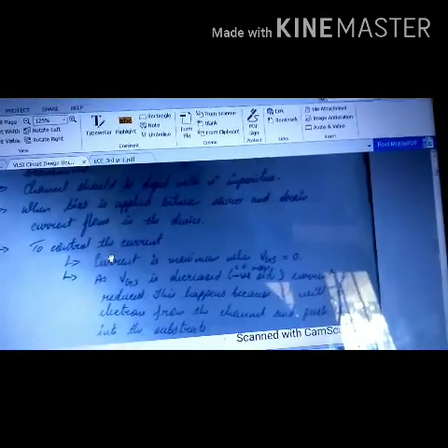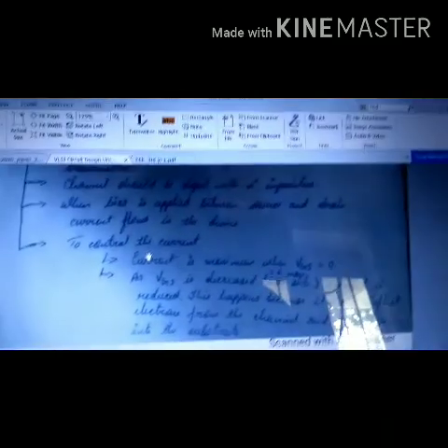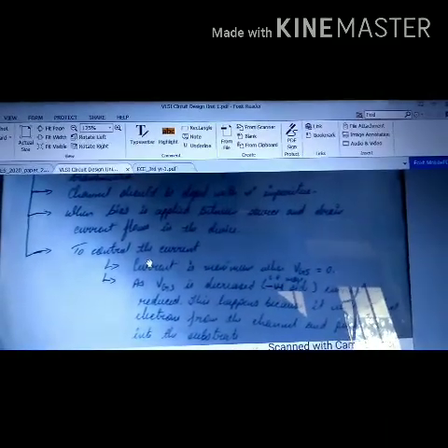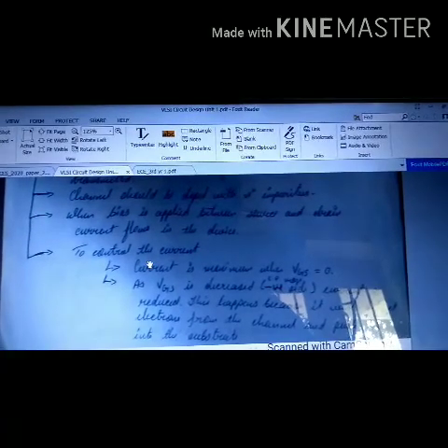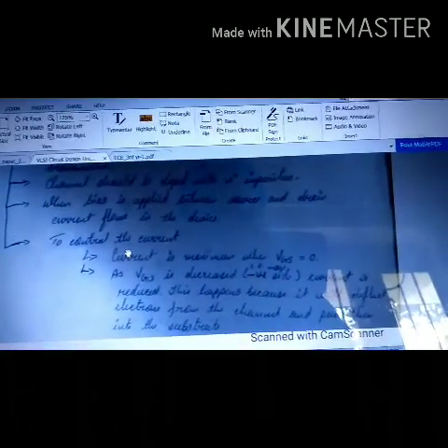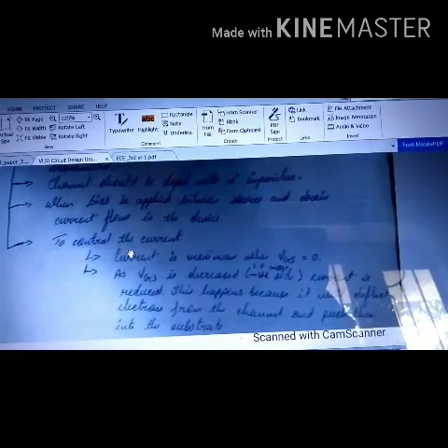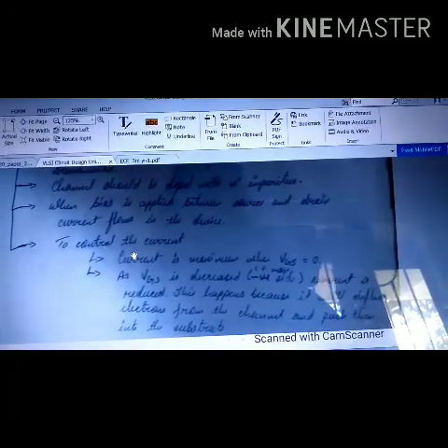Now the question arises, how will we control this current flowing between drain and source? When the gate voltage is 0, the current is maximum.